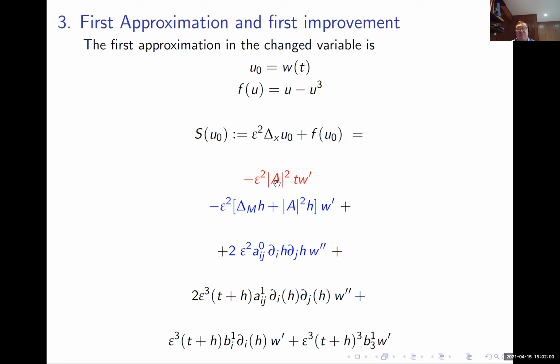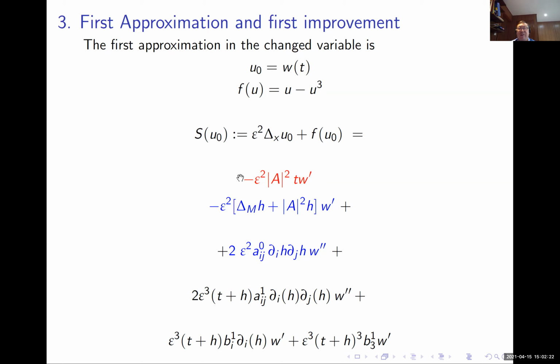The first term is epsilon square a square t w prime, and then you have the Jacobi operator coming in. And then you have all the other terms, epsilon cube, epsilon square terms, but these three terms are the most important.